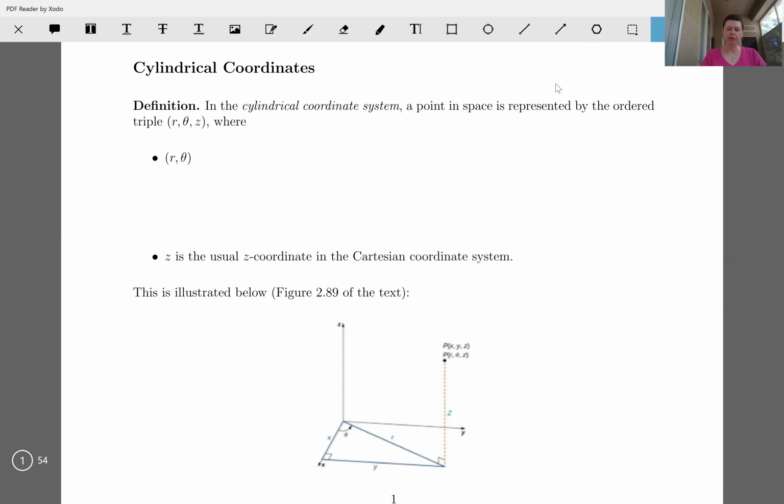Well, in the cylindrical coordinate system, a point in space is represented by the ordered triple r, theta, z.